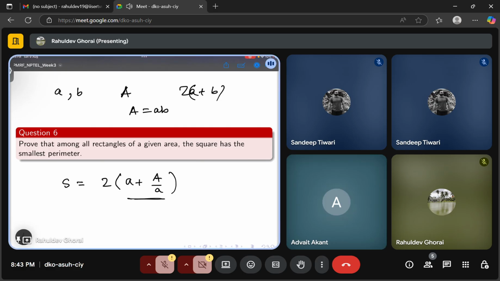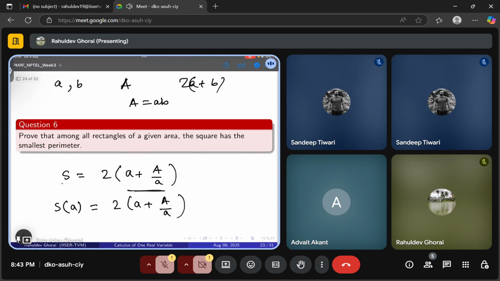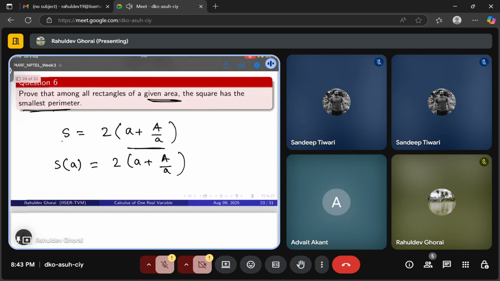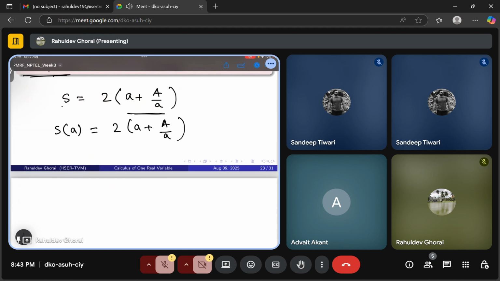This is the function which depends on a, and the area A is given, so you don't need to worry about capital A. Minimize this, sorry. To have the smallest perimeter, you have to minimize this.